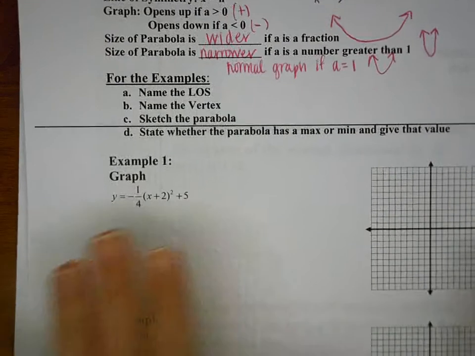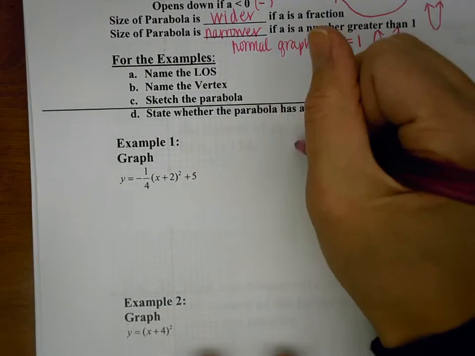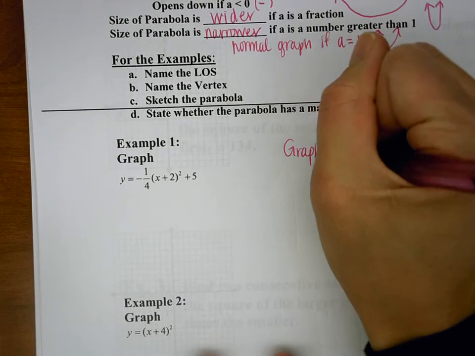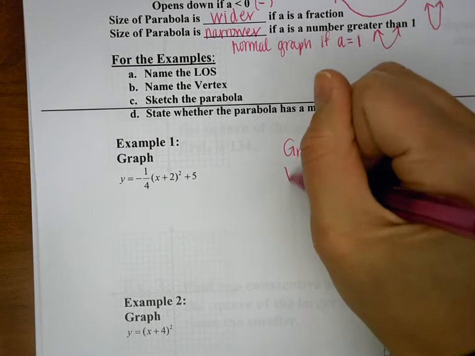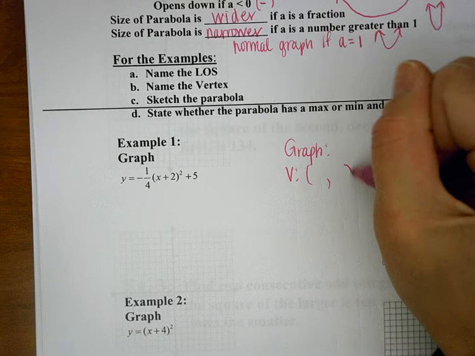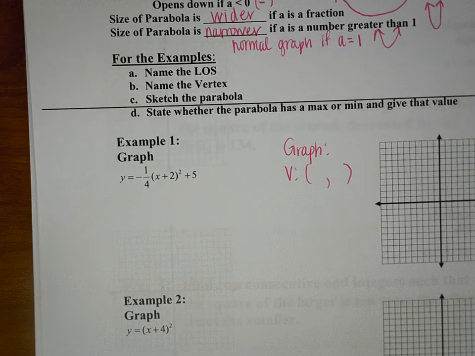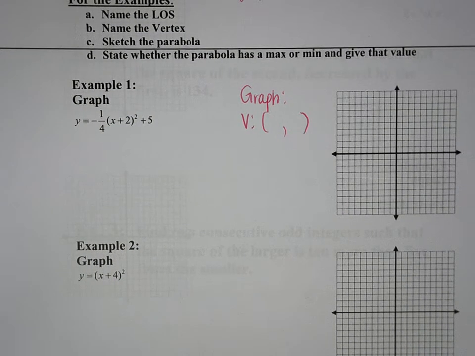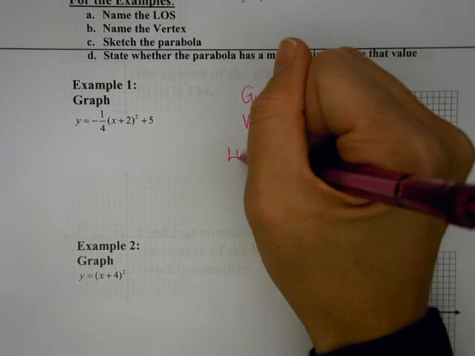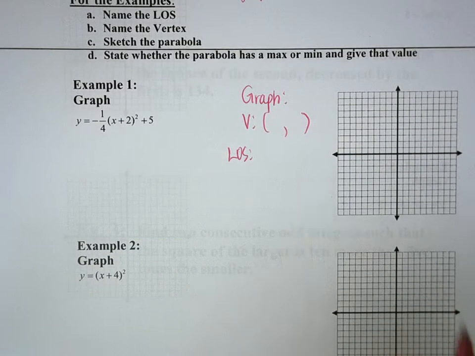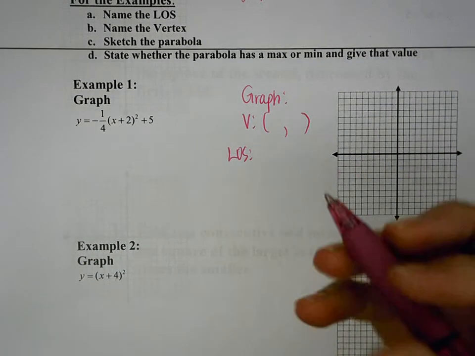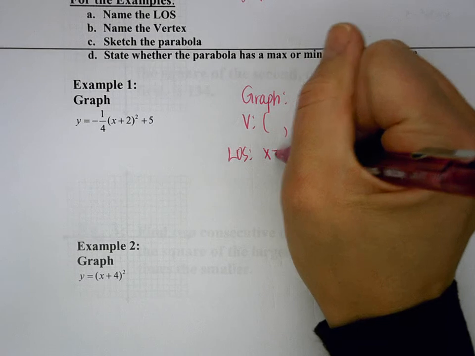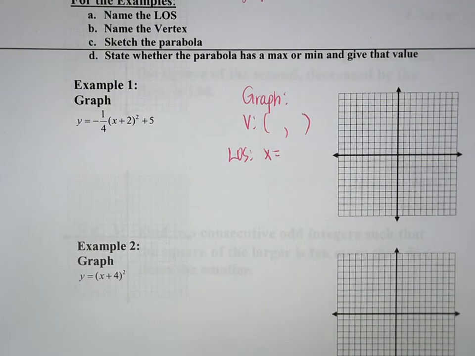We are going to state the direction of our graph. We want to know our vertex, which is always an ordered pair, correct? You also want to know your line of symmetry, which will always be what? x equals whatever the x value of the vertex is.